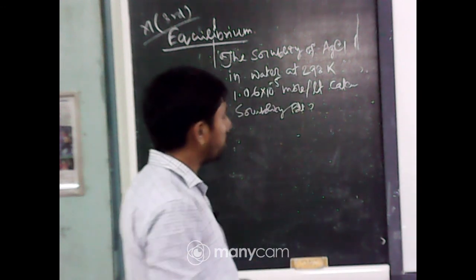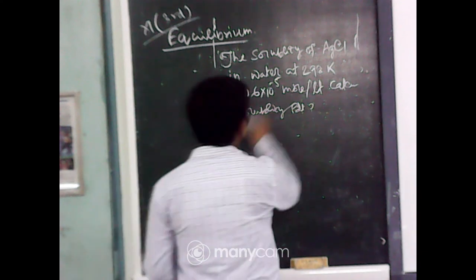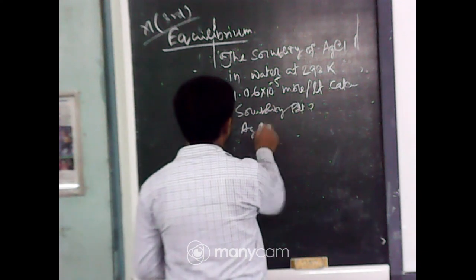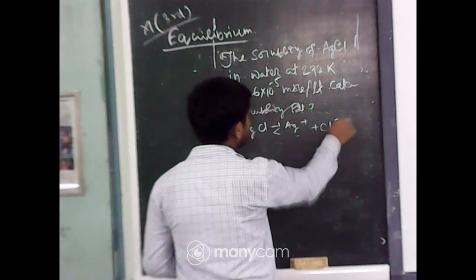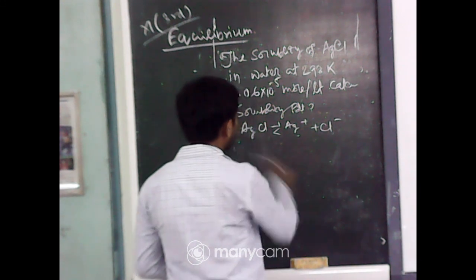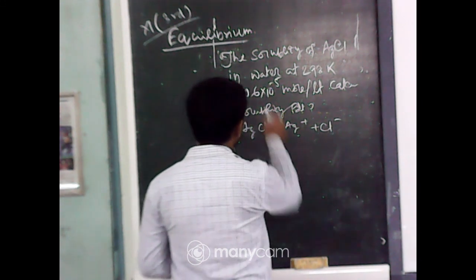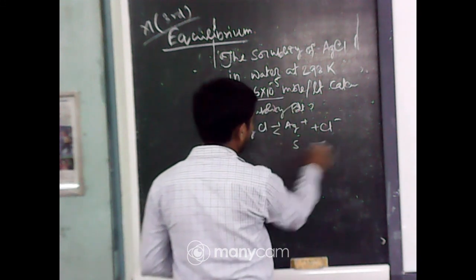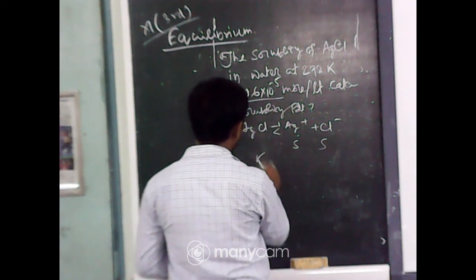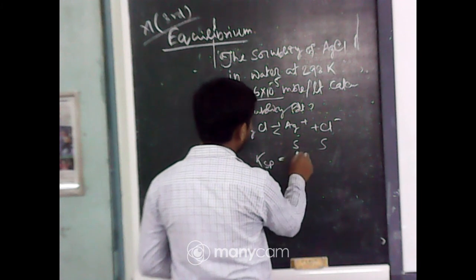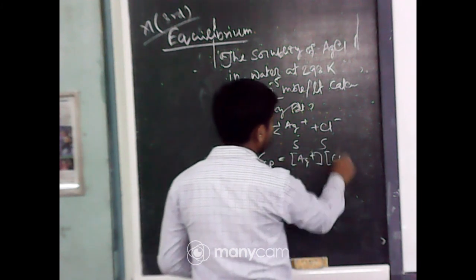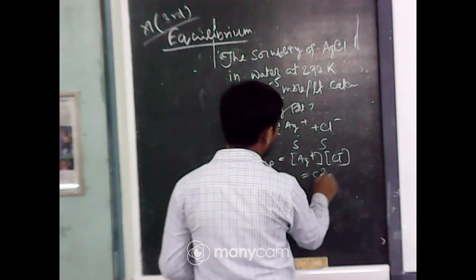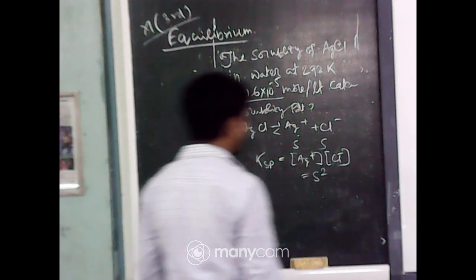How can we solve it? First of all, AgCl, in very simple form, is Ag plus and Cl minus. Assuming the concentration is S, the other is also S. So Ksp equals the concentration of Ag plus times Cl minus, that is equal to S square, correct.